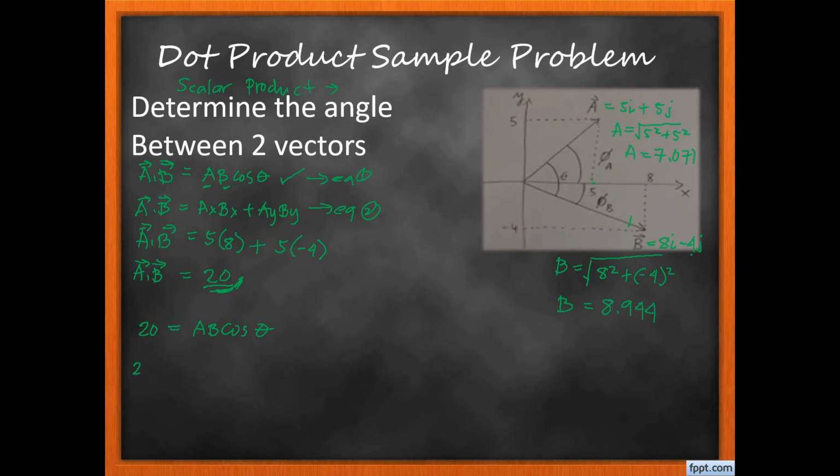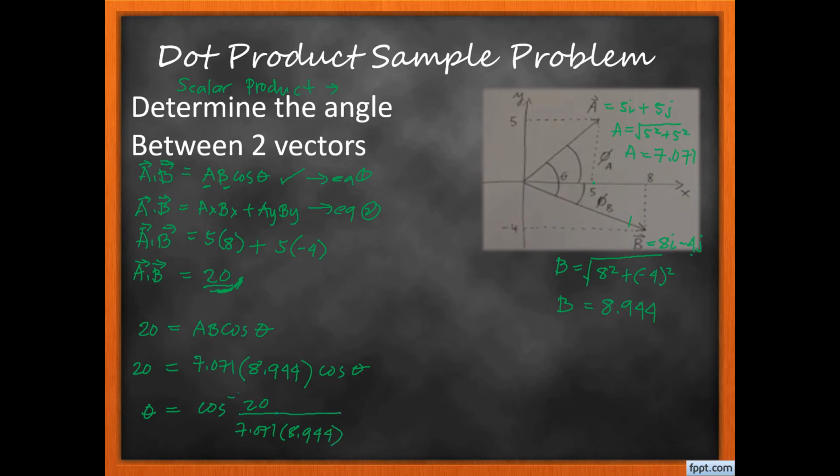Substitute lang natin dito. So meron tayong 20 is equals to yung A natin in scalar form is 7.071 multiplied by yung B natin in scalar form is 8.944 times cosine theta. So from that, makukuha natin yung theta, which is equals to inverse cosine ng ating 20 all over 7.071 times 8.944.